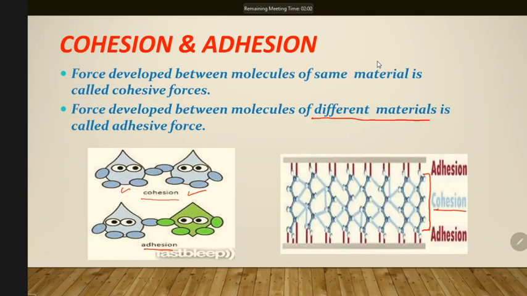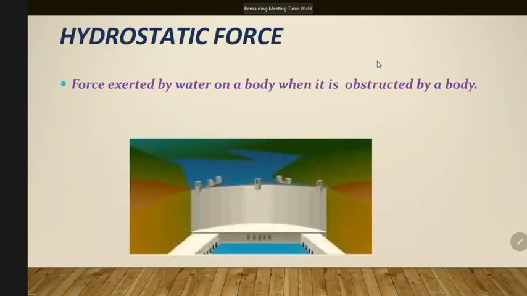Okay, we'll move ahead. And hydrostatic pressure. Simple, hydrostatic means, from the term itself, the force which is exerted by water on any body when it is being obstructed by anybody. For example, while constructing dams, and not only dams but all other water resources around us, we calculate the hydrostatic pressure, the hydrostatic force, which can get exerted on any structural member.